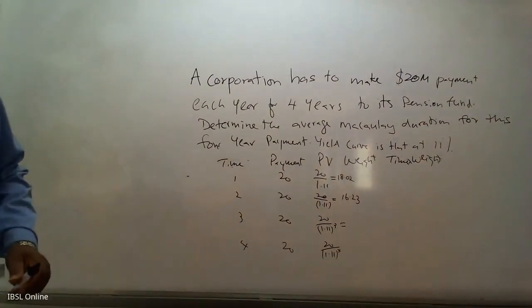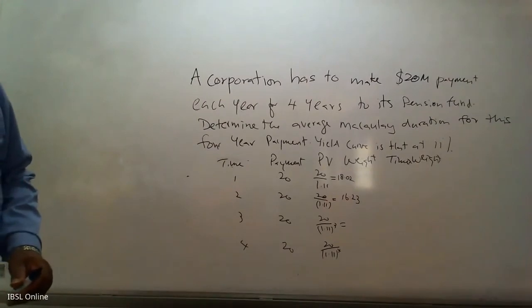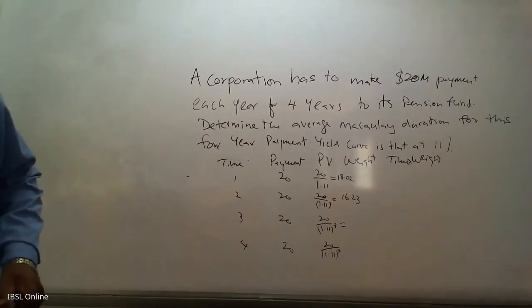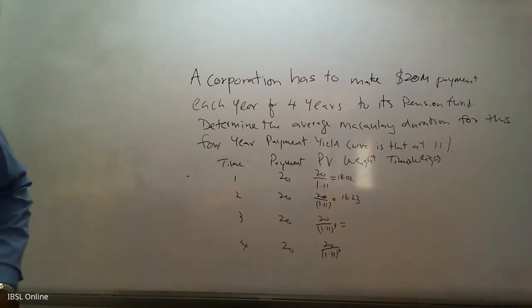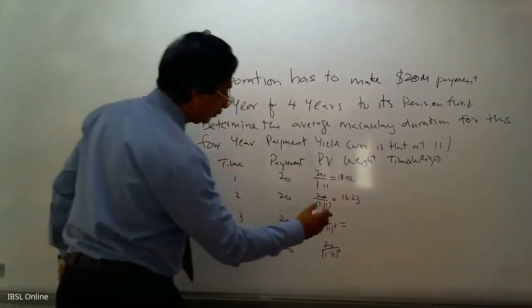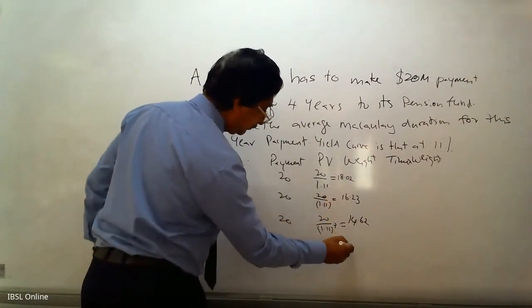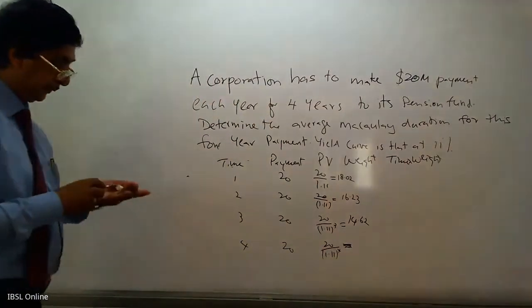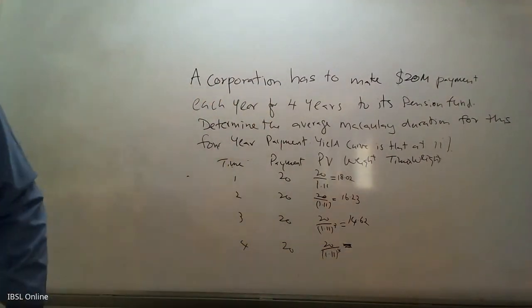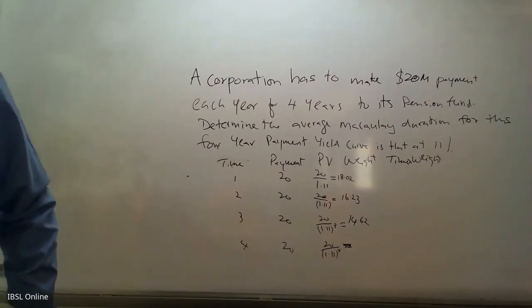Then 20 over 1.11 to the power 3 is 14.62. And 20 over 1.11 to the power 4 is 13.17.